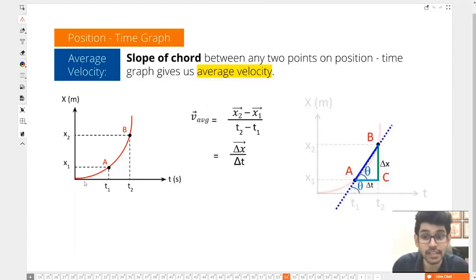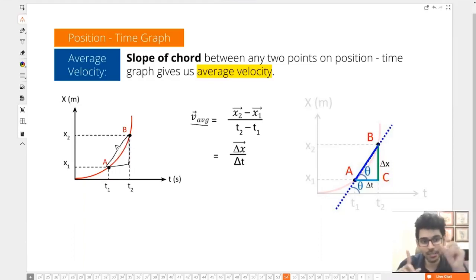Average velocity, my dear students. So this is a position time graph. What is average velocity? V average is x2 minus x1 upon t2 minus t1. Basically you can construct this triangle here and find the slope of the chord, not the tangent. Tangent means at a very small instant, because here I'm talking about a bigger duration of time. So this is delta t.